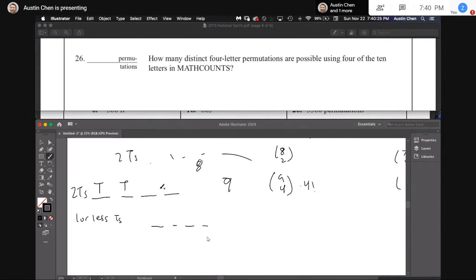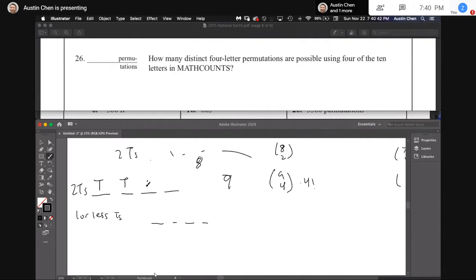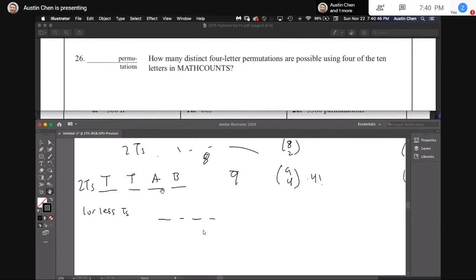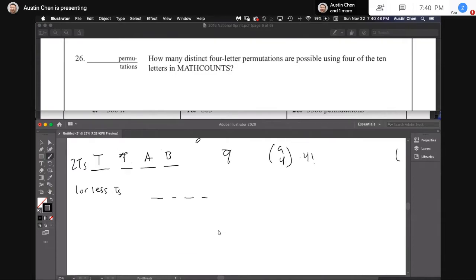Okay, so we're going to have 2 other letters and 2 T's. So we can just think of this as permutations, but with some repeated letters. So that's just going to be 4 factorial over 2 factorial.